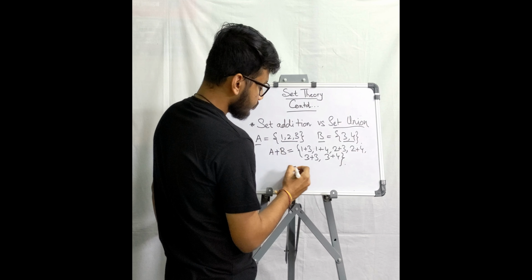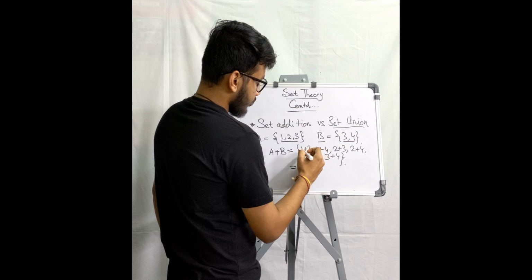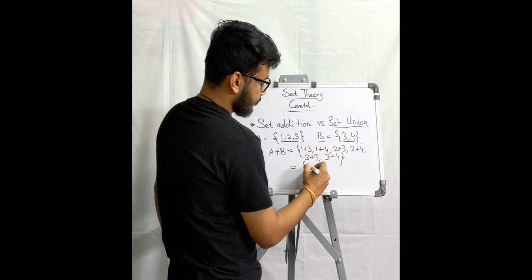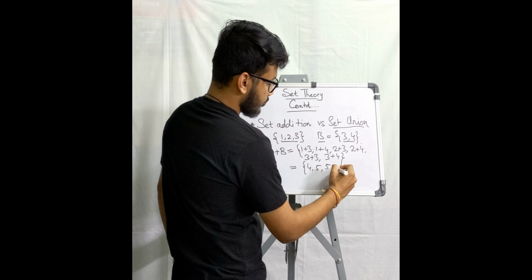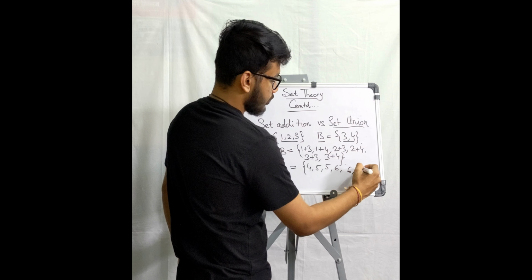So what will be the output? 1 plus 3 is 4, 1 plus 4 is 5, 2 plus 3 is 5, 2 plus 4 is 6, 3 plus 3 is 6, 3 plus 4 is 7.